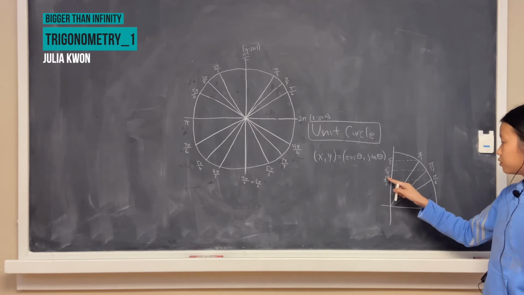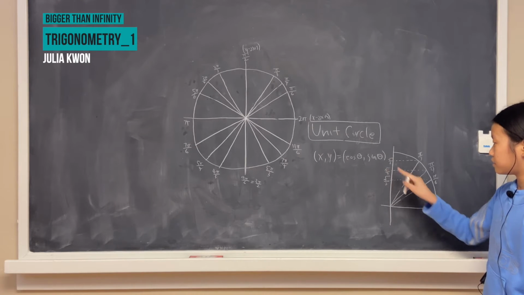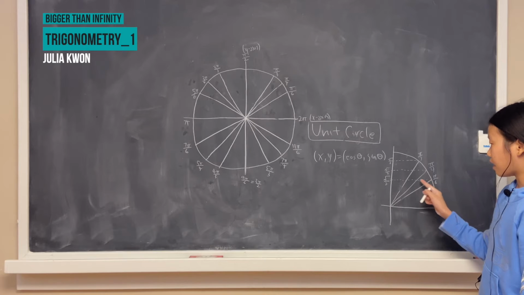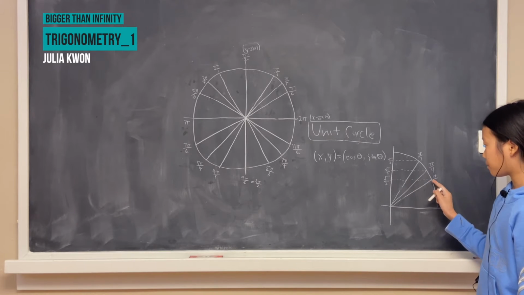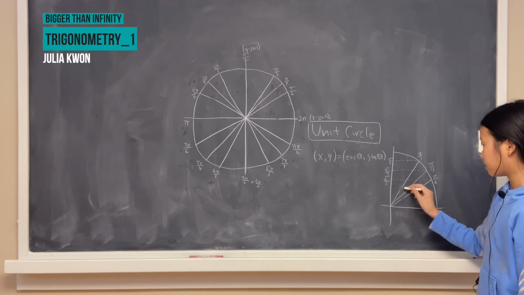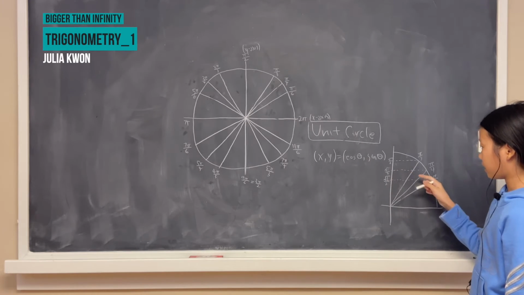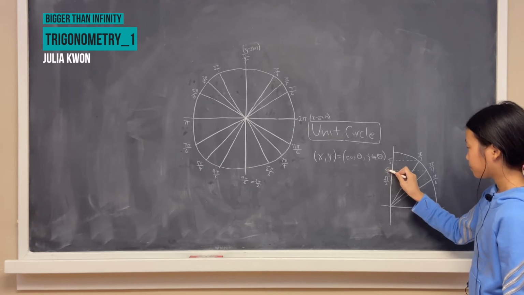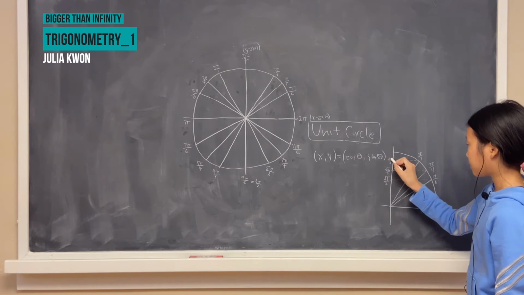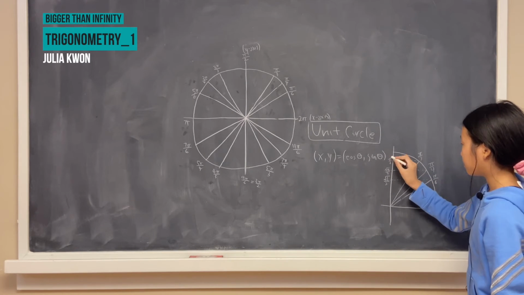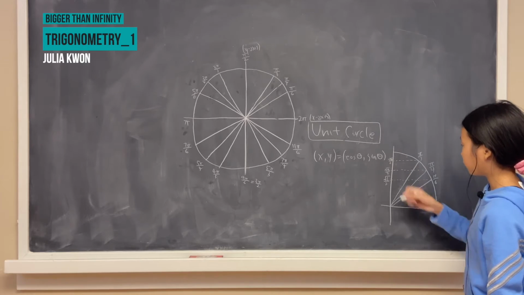Now what's going to go into these square roots is the level it's on. I like to think of this dotted line as the first level, this dotted line as the second level, and this dotted line as the third level. So the level gets higher.